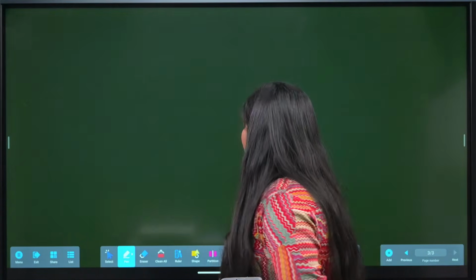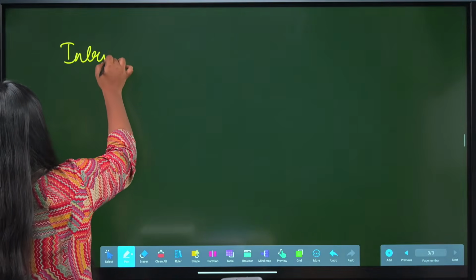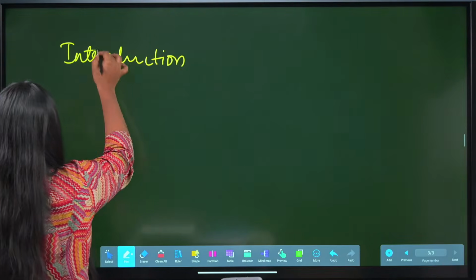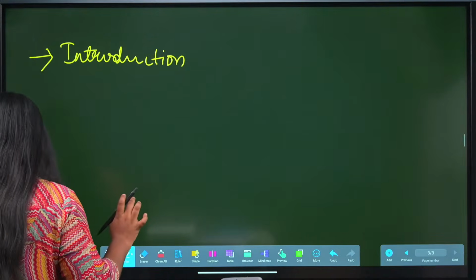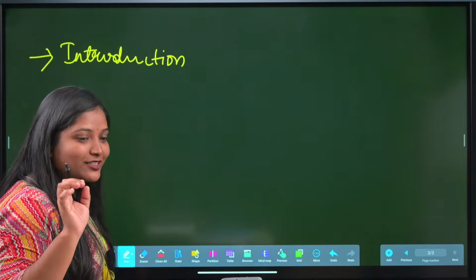Try to write in such a form: introduction, definition, then focus more on nature and scope if they are asking about them, and elaborate your answer. I write in a good way because you should not waste time, my dear students.